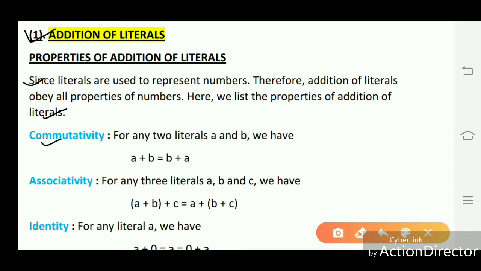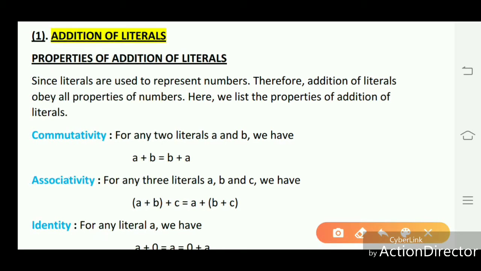Commutativity. For any two literals a and b, we have a plus b equals b plus a. Here the same rule applies as in arithmetic. Associativity. For any three literals a, b and c, we have (a plus b) plus c equals a plus (b plus c).